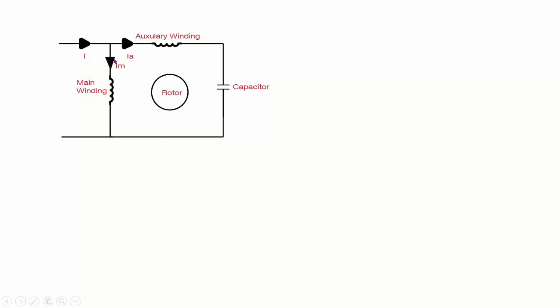So there will exist a phase difference between these two currents because of the capacitor. So you try to make them out of phase in order to have the flux corresponding to each current out of phase. And if the flux because of the auxiliary winding and main winding are out of phase, then you're going to generate a rotating magnetic field. So this is in the case of a single-phase supply.